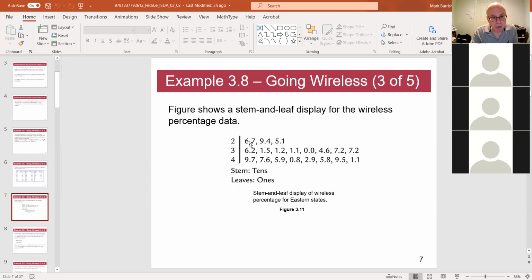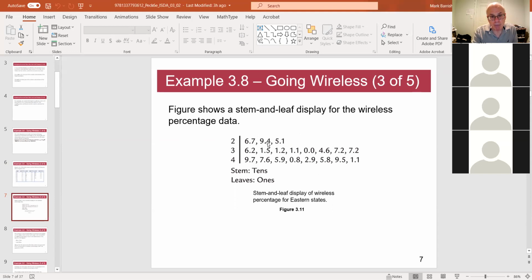So 26.7 is a number in the data set, 29.4 is another number, 25.1 is a third number, 36.2, 31.5. You get the idea? It's just another way of displaying the numbers in your data set by creating the stems on the left, and then you have this vertical bar, and then on the right you're listing the so-called leaves, which are the other piece of the numbers.